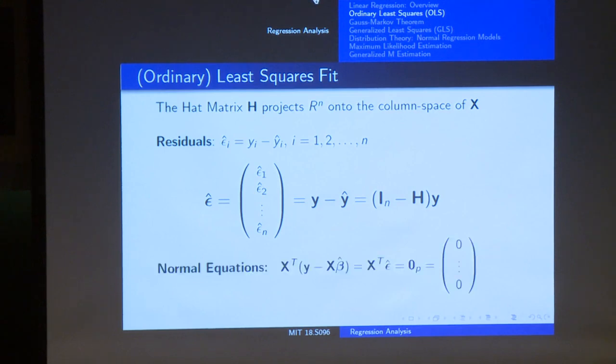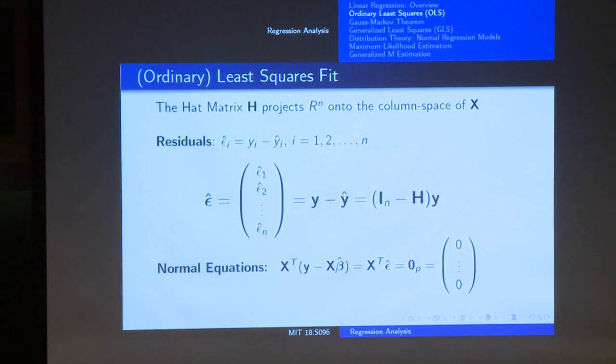And it turns out that I_n minus H is also a projection matrix. It is projecting the data onto the space orthogonal to the column space of X. To show that that's true, consider the normal equations, which are X transpose (y minus X beta hat) equaling 0.